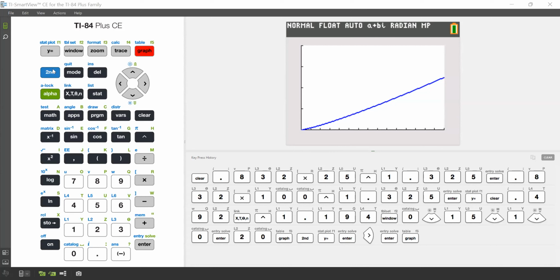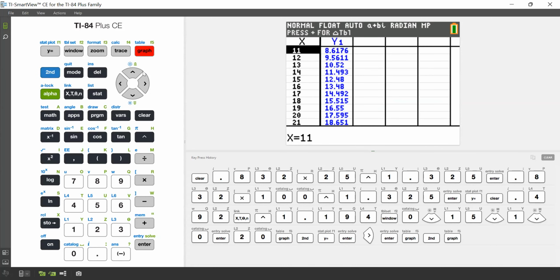Okay, so I'm going to go to my table. And I'm going to just scroll down to 23. Oops, went too far. And then I am going to arrow over just so I can see more decimal places. Even though the screen only displays 3 decimal places, my calculator has calculated it to much more than that.